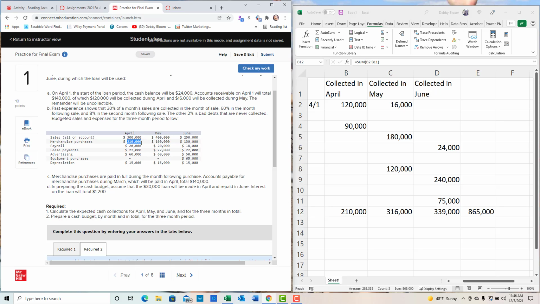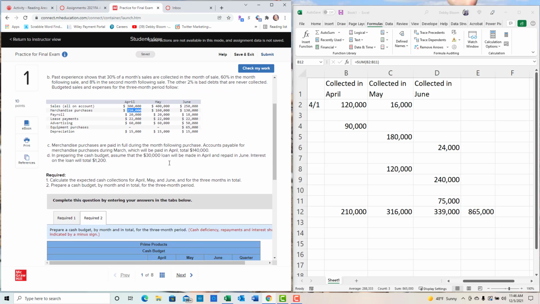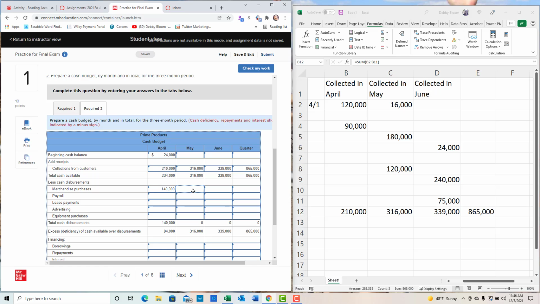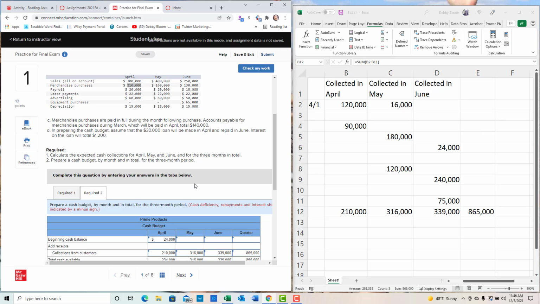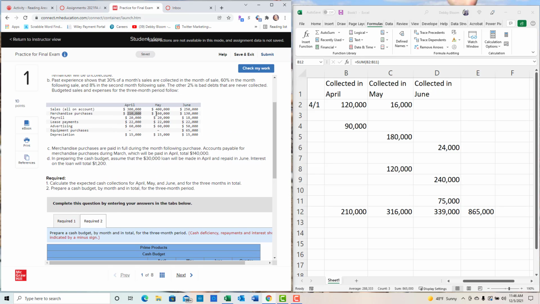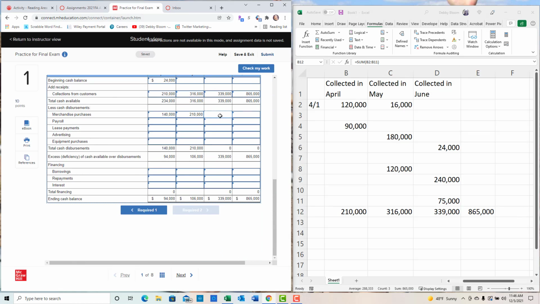So April's purchases of $210,000 will be paid in May, and May's purchases of $160,000 will be paid in June. Now all I have to do is total $140,000, $160,000, and $210,000. I believe that totals $510,000.